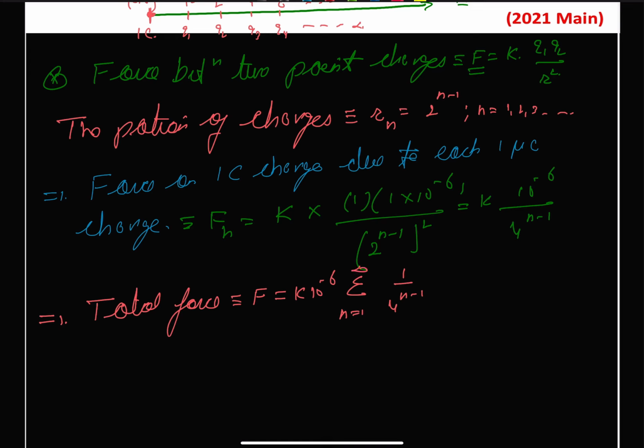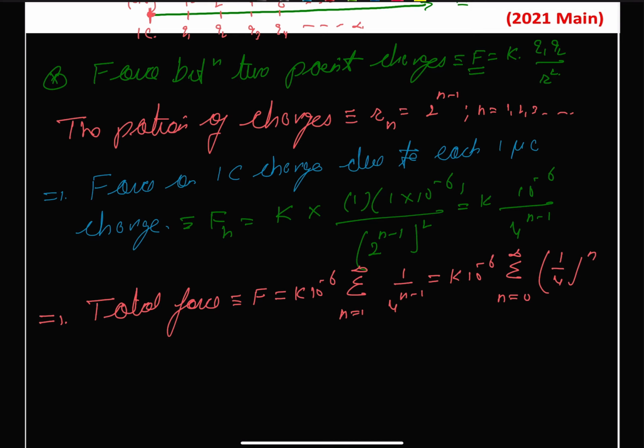We can make a minor adjustment here and write this as k 10 to the power minus 6 times the summation from n equals 0 to infinity of 1 upon 4 raised to the power n.